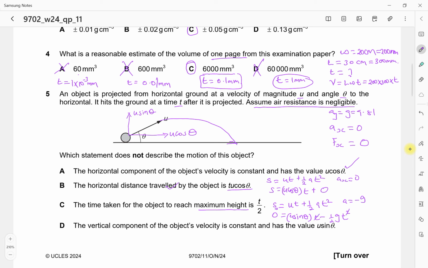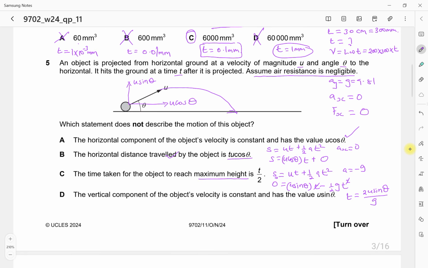So one t cancels, and when I make the remaining t the subject, t is going to be equal to twice u sine theta divided by g. That is the total time for the whole journey. So small t, time to hit the ground, is 2u sine theta divided by g.